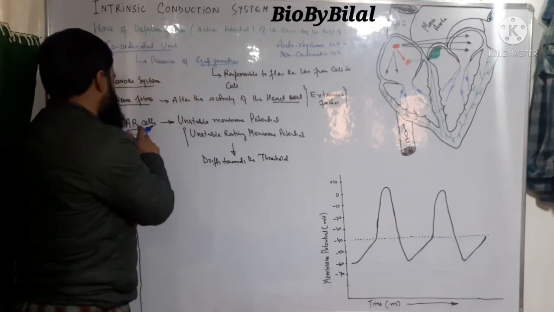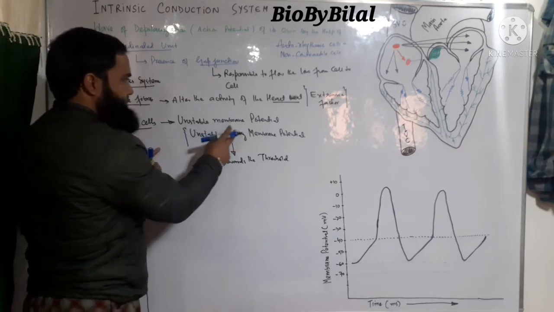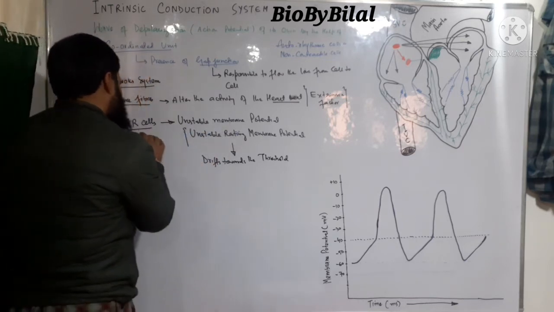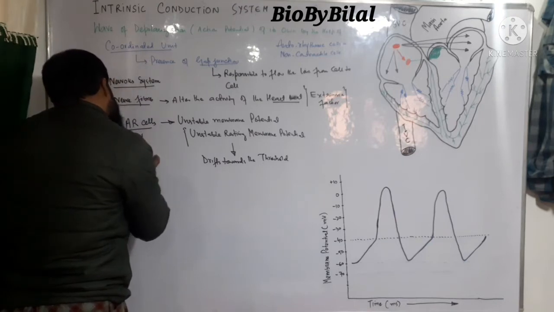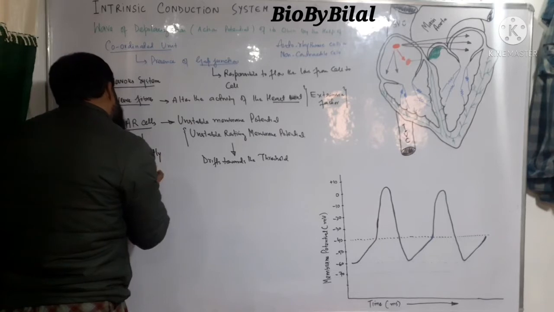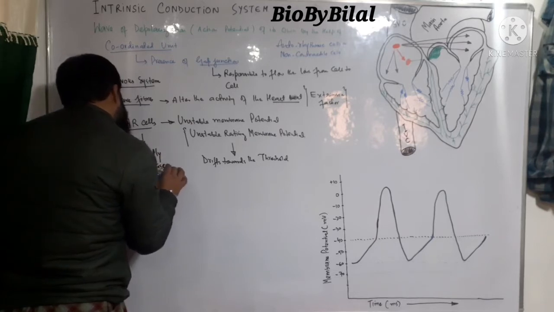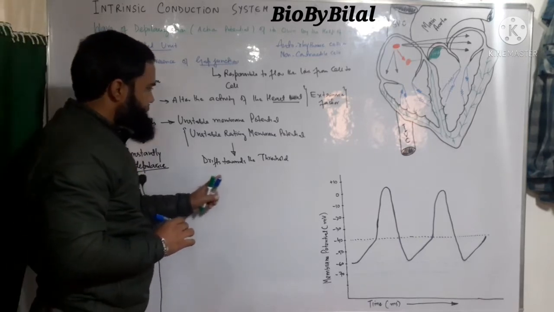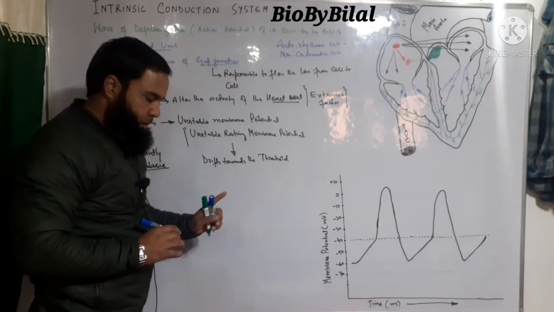Constantly, AR cells have an unstable resting membrane, which constantly depolarizes and drifts towards the threshold.